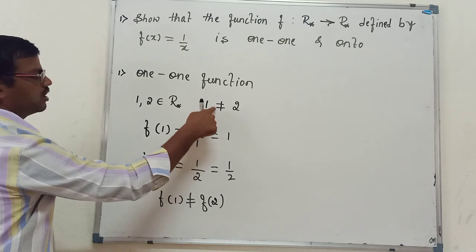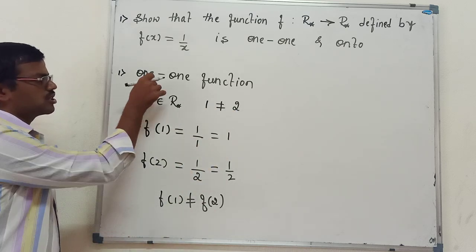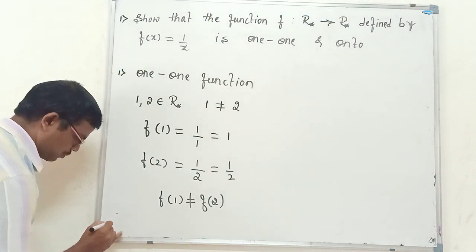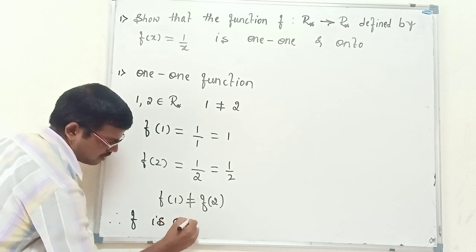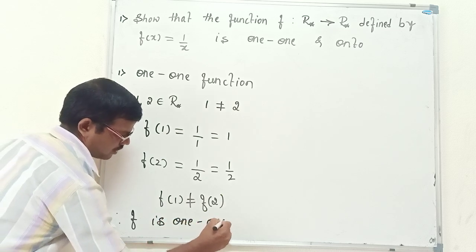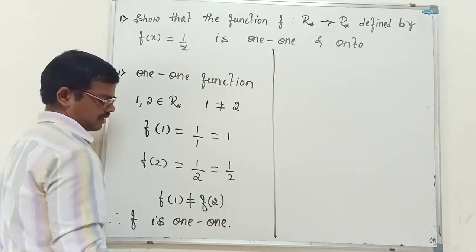Therefore, if different elements have different images, then obviously we can say the function is 1 1. Therefore, f is 1 1.